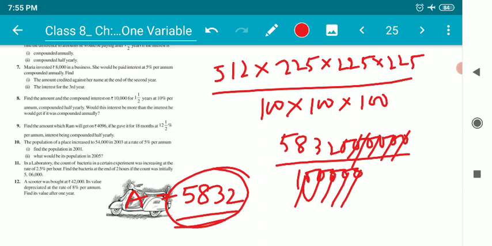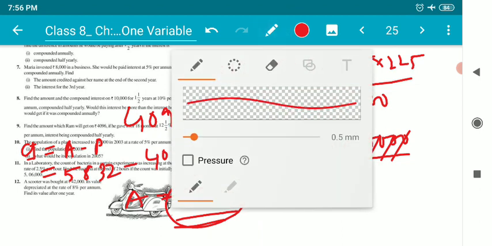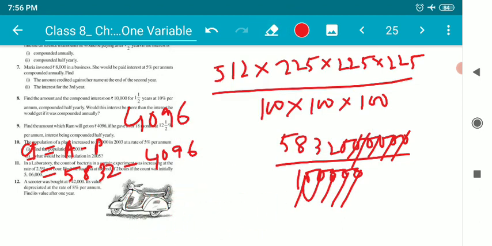So it's 5,832. The amount which I had taken the loan of was 4,096. So how much interest to be paid, children? Of course, I need to write the formula of compound interest, that is amount minus principal. Amount I got 5832 minus 4096. So let us go for subtraction of this number.